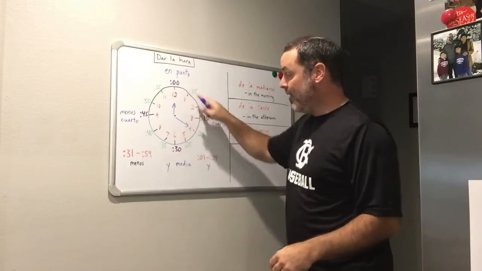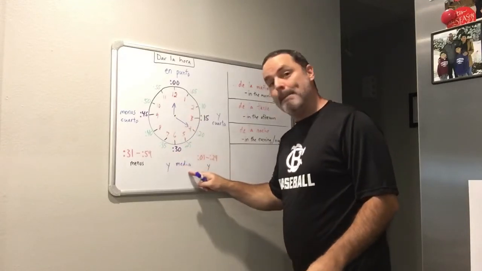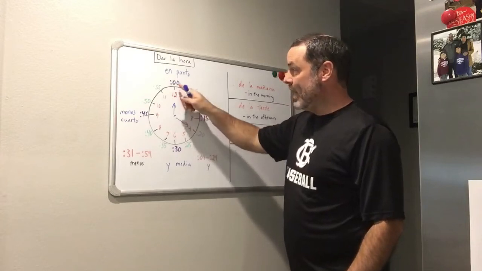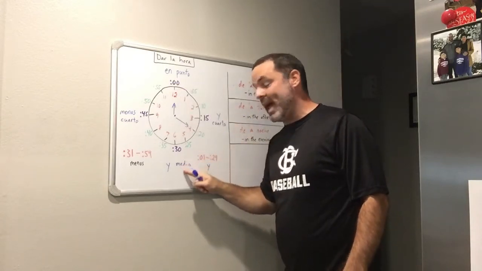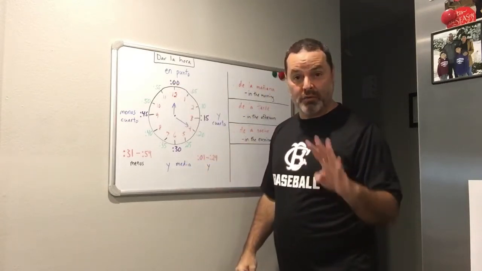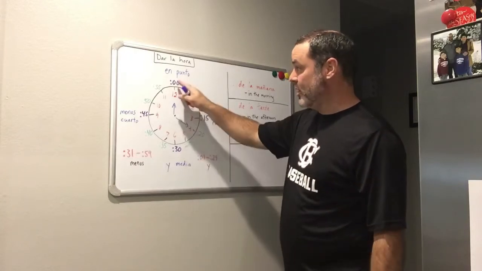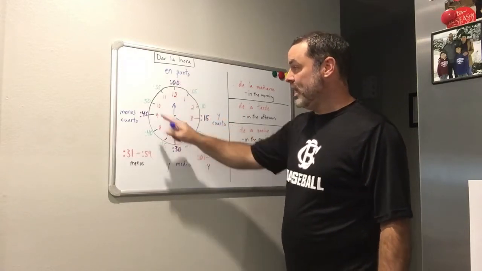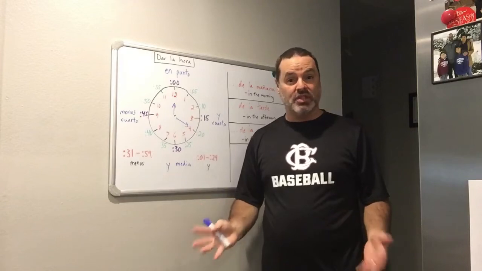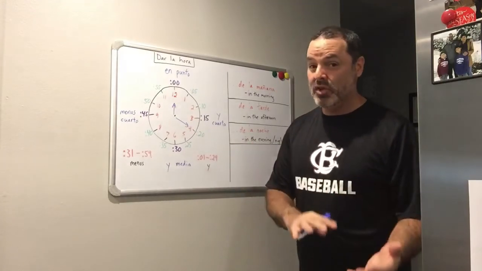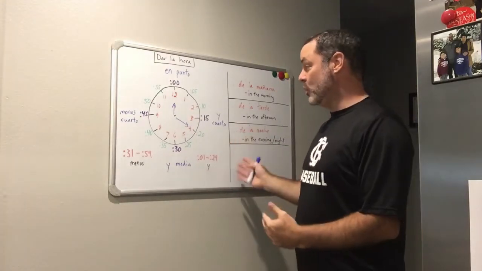30, halfway, would be y media. So whatever the hour is, and a half. So those 4 particular minutes, 00, 15, 30, and 45, all have a special situation where instead of using the number, we're going to use the words.